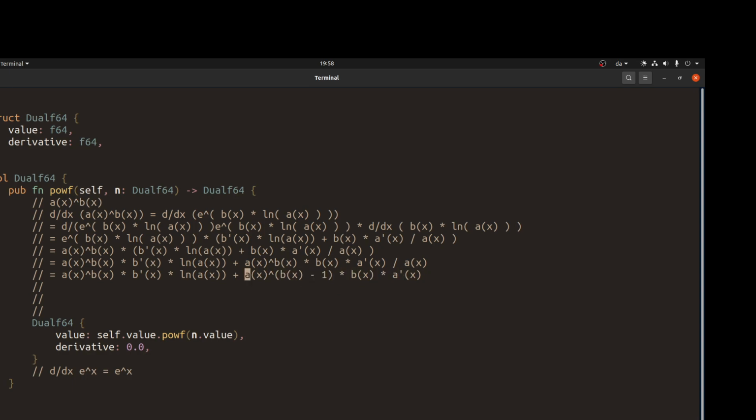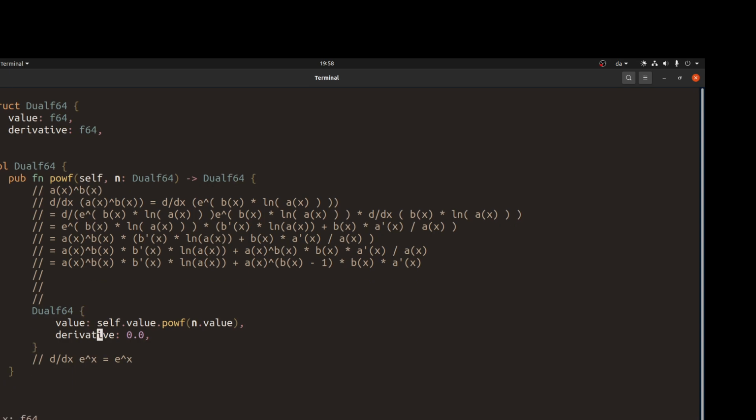And then I just have this stuff. And over here, I don't think that can be simplified. Okay. So it's actually more complicated than I thought, but I think it's correct.